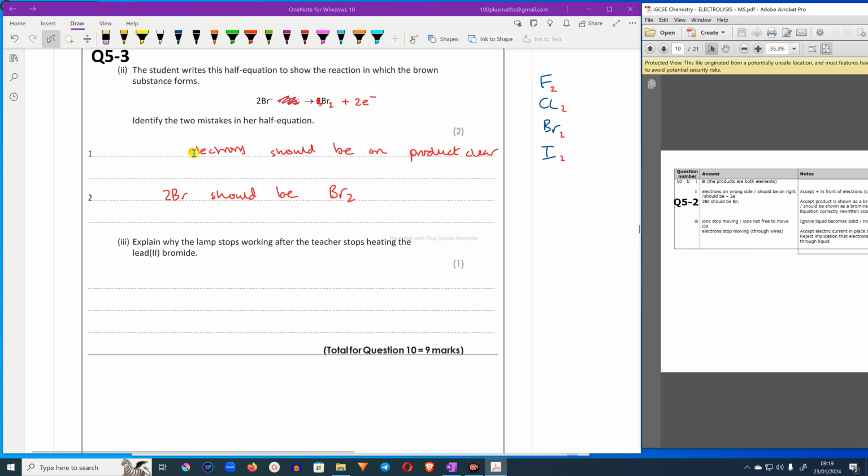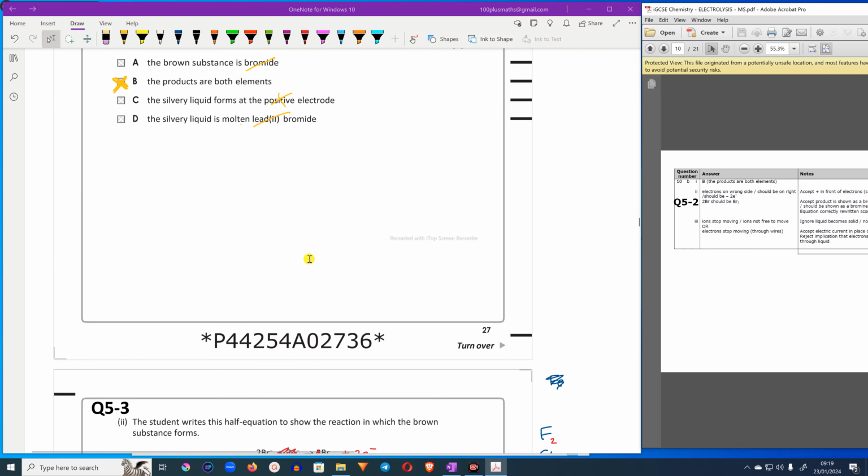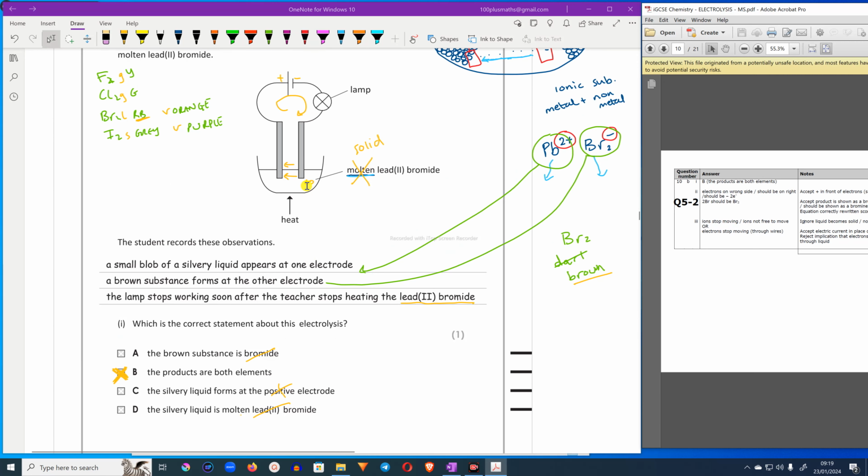Okay, so electrons should be on the product side, bromine should be Br2, and that's what it should look like. Last one, right? Remember what we said up here: for electricity to flow fully, you need something to carry the charge, and because now it's solid, it won't.